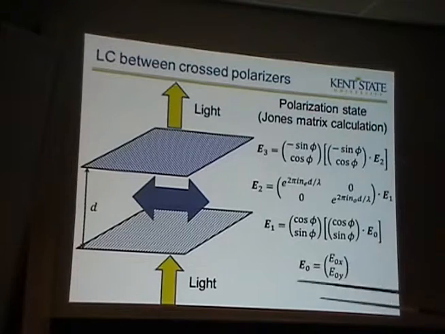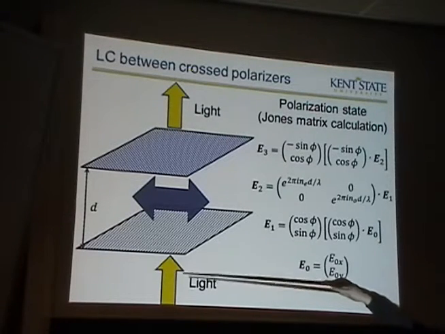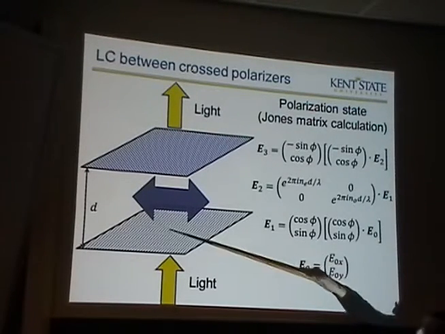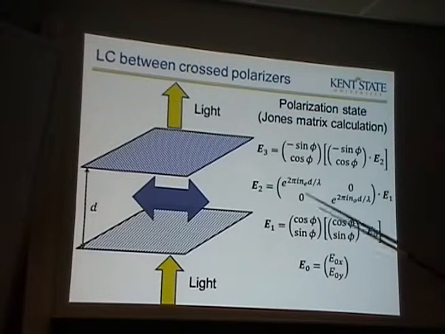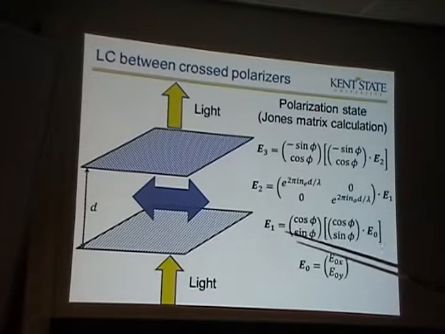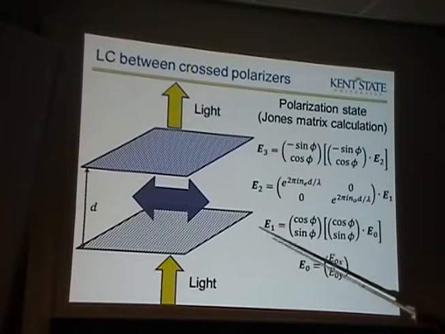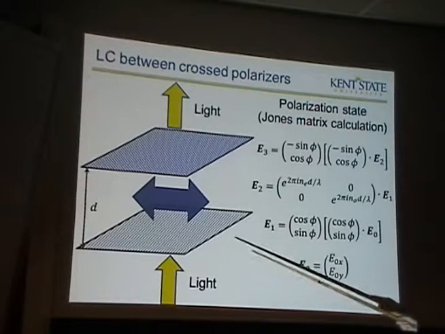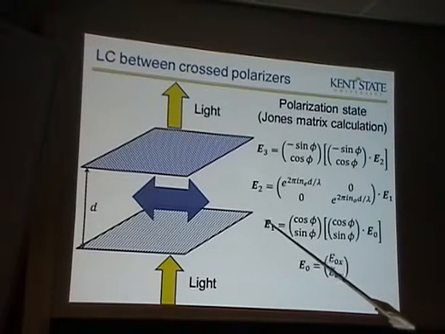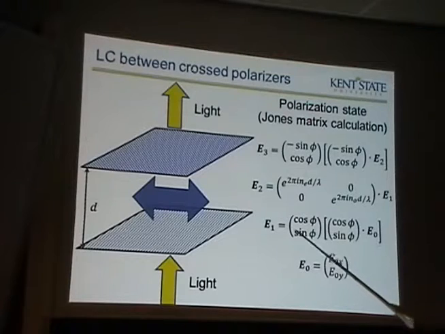The light down here gets polarized by this first polarizer, and what the polarizer does to the electric field of the light is to project it along the orientation of the polarizer. So let's suppose that the polarizer has this orientation given by cos phi and sin phi in the xy plane.